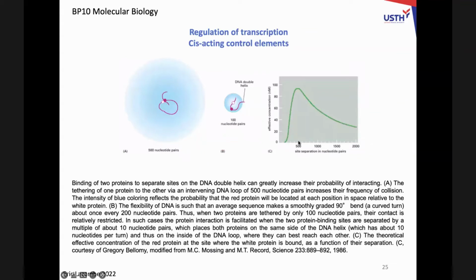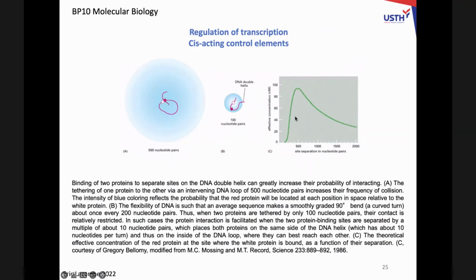Look, this is 500. I told you if the two sites are separated by 500 base pair, there is a total probability that the two proteins can get in contact. After, if you extend the distance between the two sites, the probability reduces slowly.